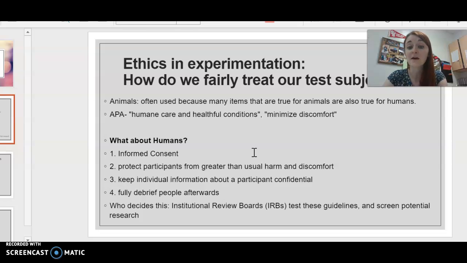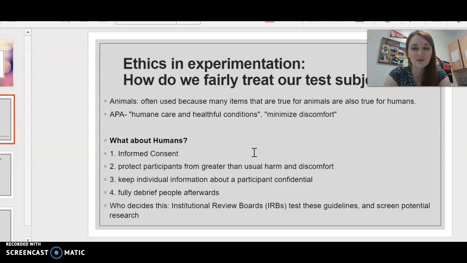And there's really two main things. There should be humane care and healthful conditions. So again, you want to be taking care of these animals and not mistreating them. You also want to minimize discomfort, which again, you don't want actual abuse. And there's certainly examples throughout psychology where this hasn't necessarily been the case. Pavlov is a perfect example of that.